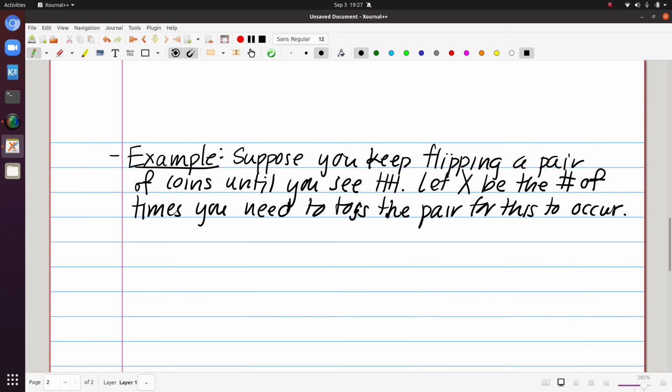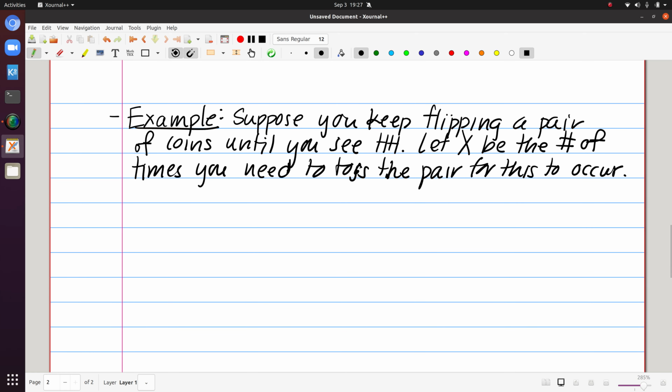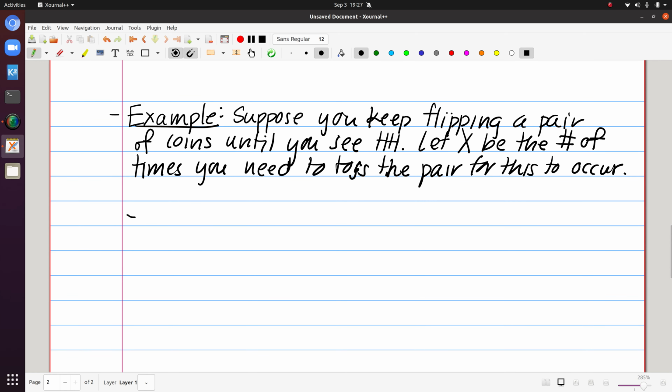So given that definition, the experiment and our random variable, we can consider some different things. What is the range of x? We want to think about the possible values that x can take on. In order for this to occur, certainly we'd have to flip the pair at least once.